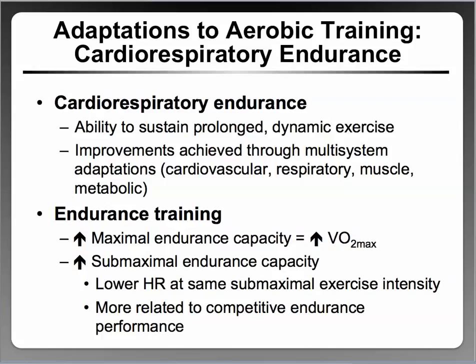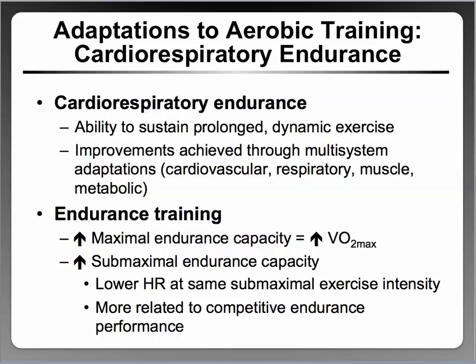It depends what your baseline is, but depending on the study you'll read, you'll see increases anywhere from about 15 to 20% in VO2 max on an endurance training program.